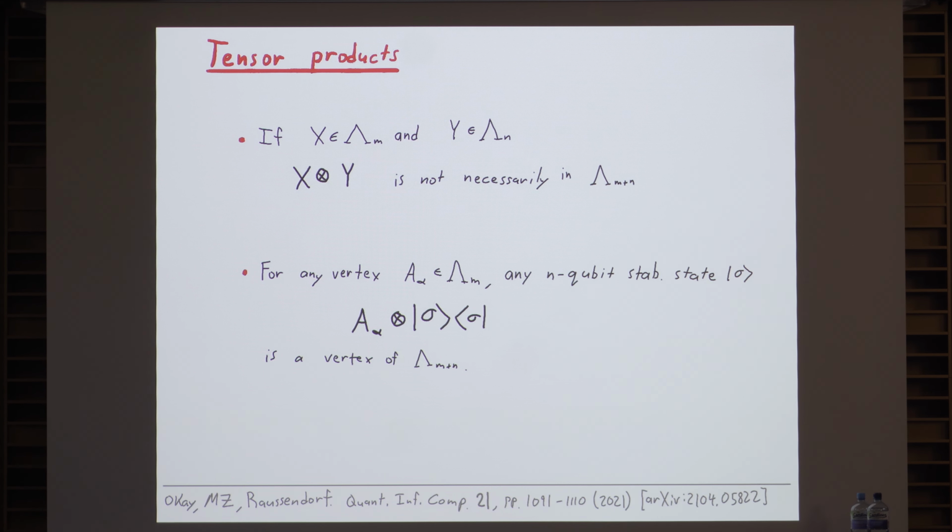So these polytopes are not closed under tensor products. But you get a version of something similar, which is if you have a vertex of lambda m and you have an n qubit stabilizer state, and you take this tensor product, then the result is a vertex of lambda m plus n. So it's not generally closed under tensor products, but you can take tensor products with stabilizer states and stay in lambda. This is also something we know.